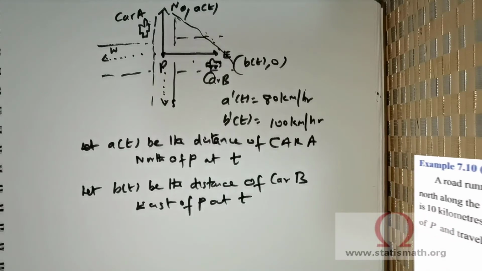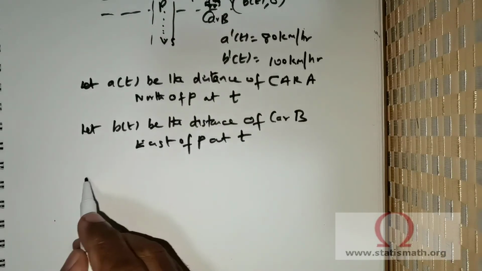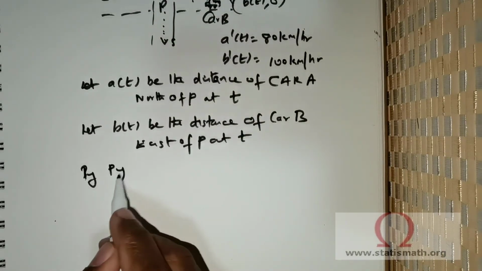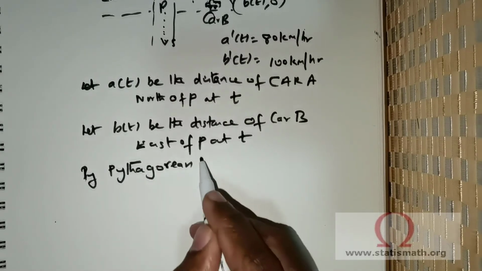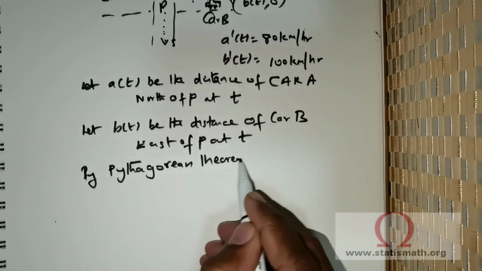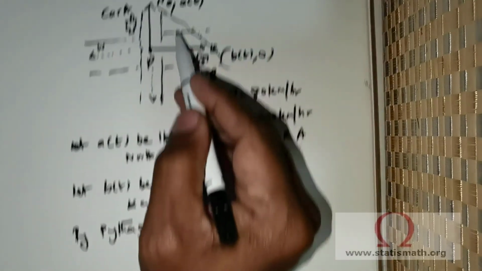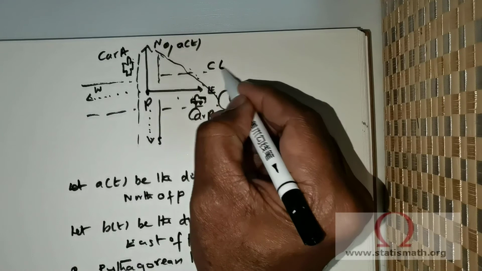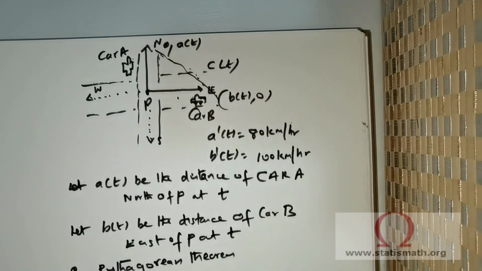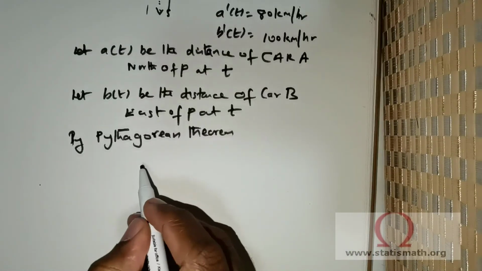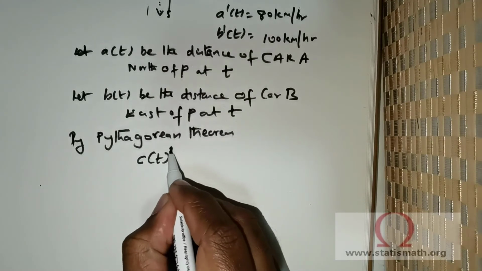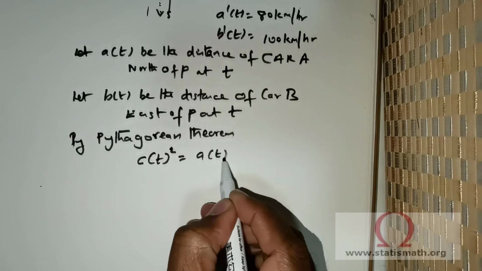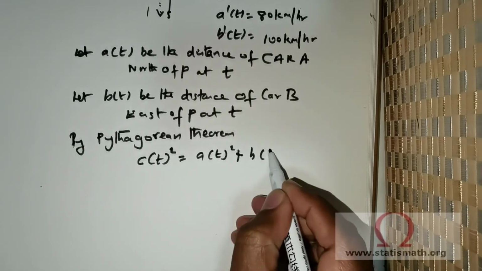So by Pythagoras. What do we know by the Pythagorean theorem? If this distance is taken to be C of t, then C of t squared is equal to A of t squared plus B of t squared.